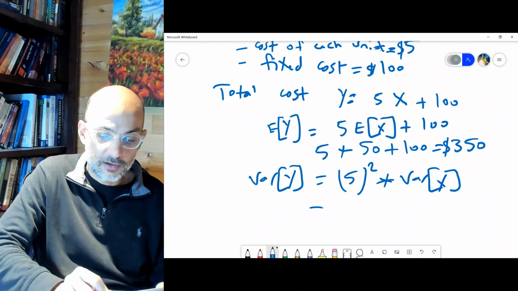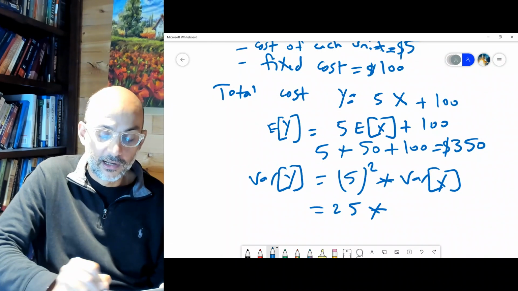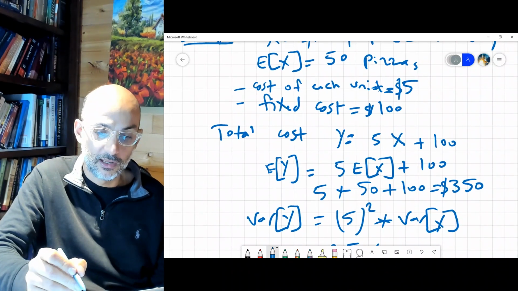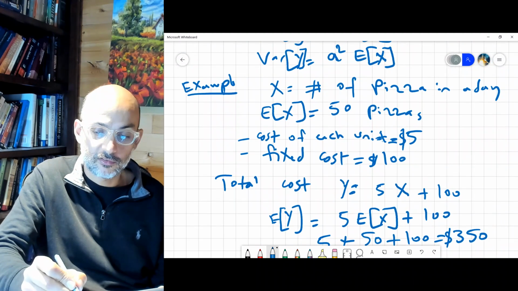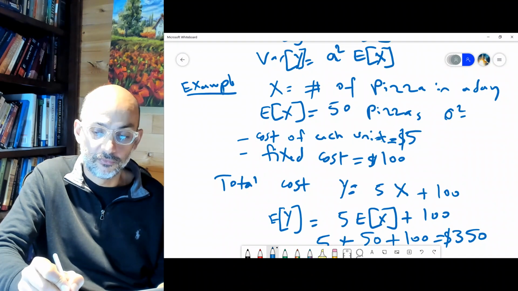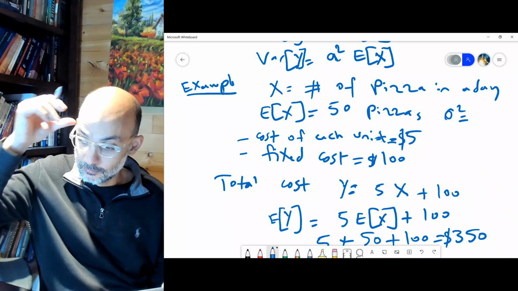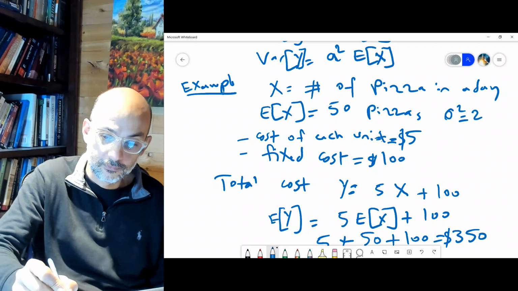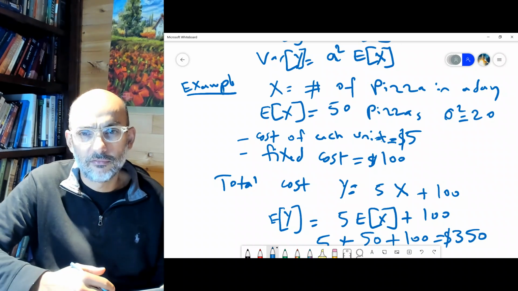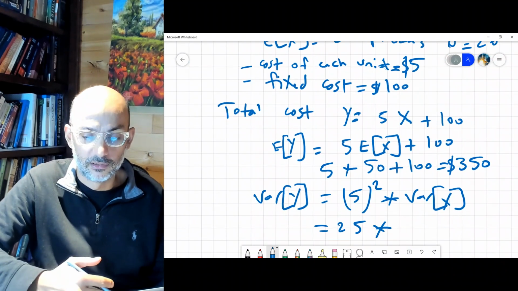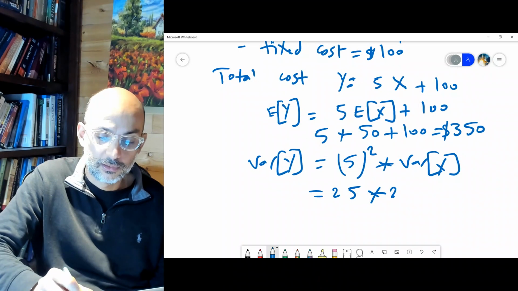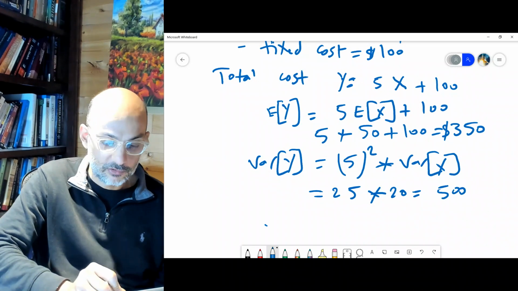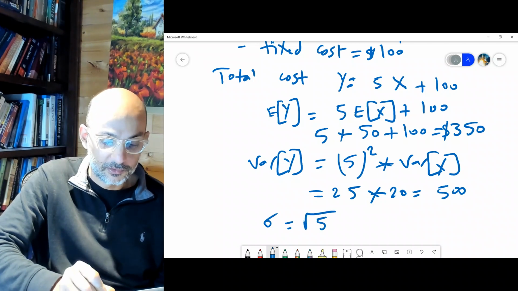So 5 squared is 25, and we don't have the variance of X, but I should have given it to you when I said the expected value of X. Let's say that the variance of X is 20. The units they sell are 50 on average, but the variance of it is 20. So the variance will be 500, right? And you can take the standard deviation as well, which is the square root of 500, right?